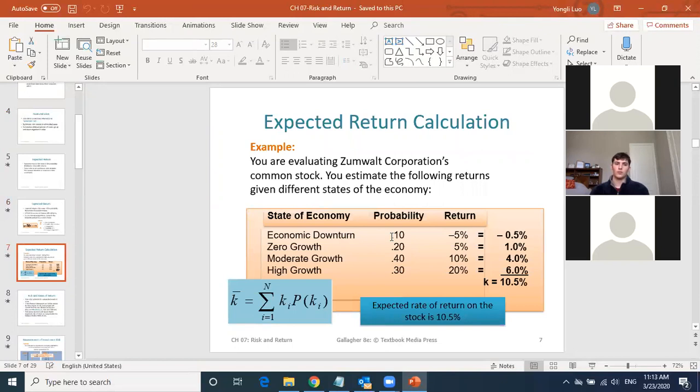So how do you do that? When you calculate expected return, basically you have the probability and the return. The return occurs with that probability, you just multiply the probability and the return, and you create another column.